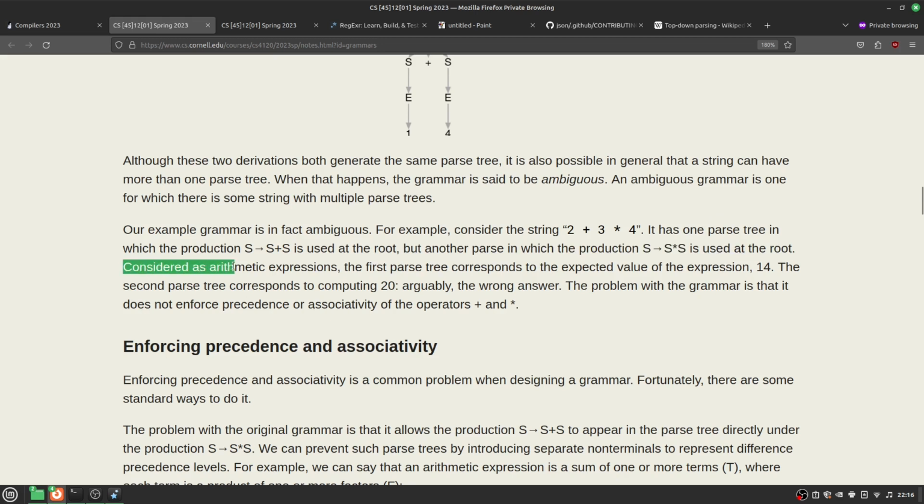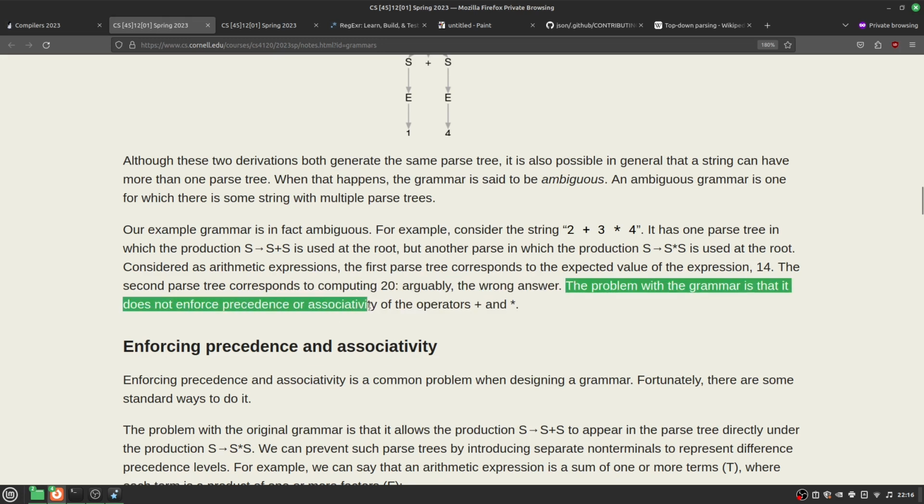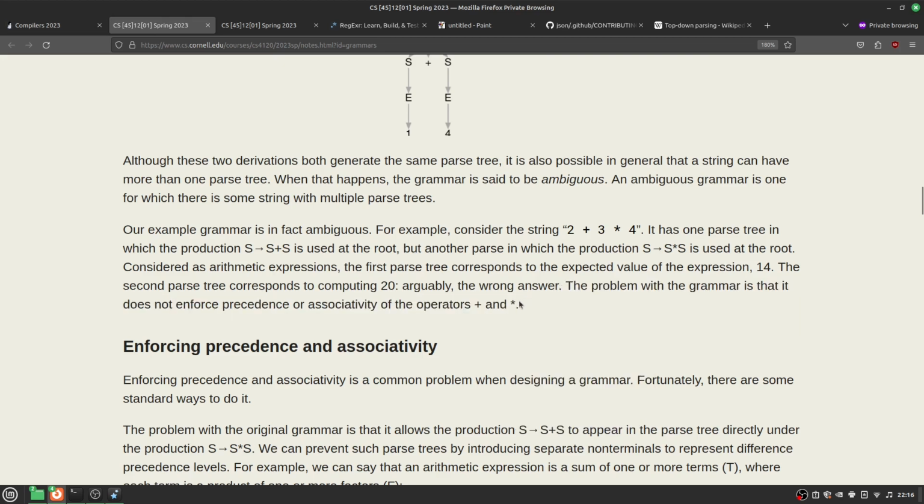Considered as arithmetic expressions, the first parse tree corresponds to the expected value of the expression, 14. The second parse tree corresponds to computing 20, arguably the wrong answer. The problem with the grammar is that it does not enforce precedence or associativity of the operators plus and multiply.